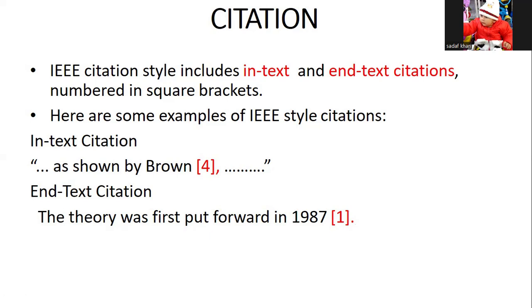A very important thing, please remember: you have to mention this reference number inside the sentence, and after it you use a comma or full stop. If you use a full stop first and then mention any citation, it means that it is part of the next sentence, not of this sentence.